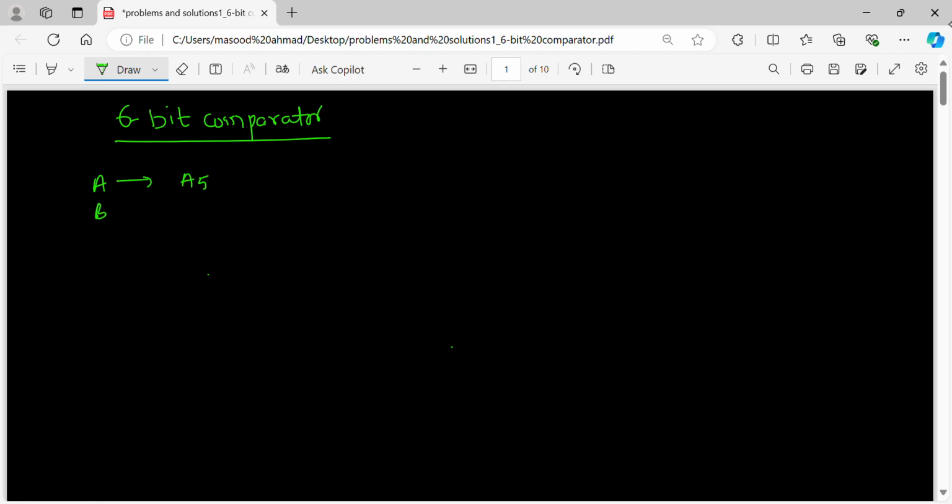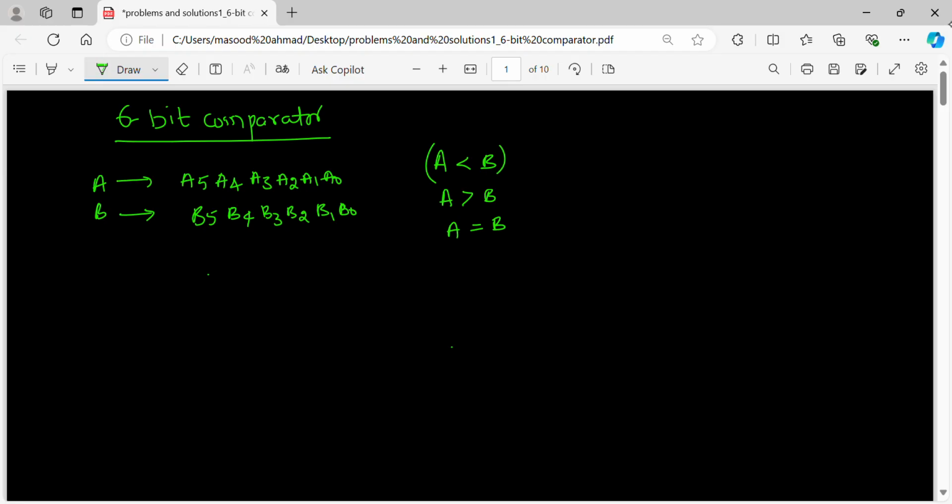A is A5, A4, A3, A2, A1, A0. B is B5, B4, B3, B2, B1, B0. What we are trying to do is find whether A is less than B, or A greater than B, or A equal to B.